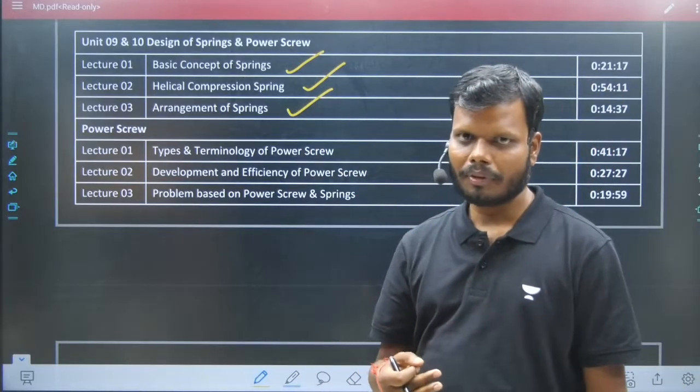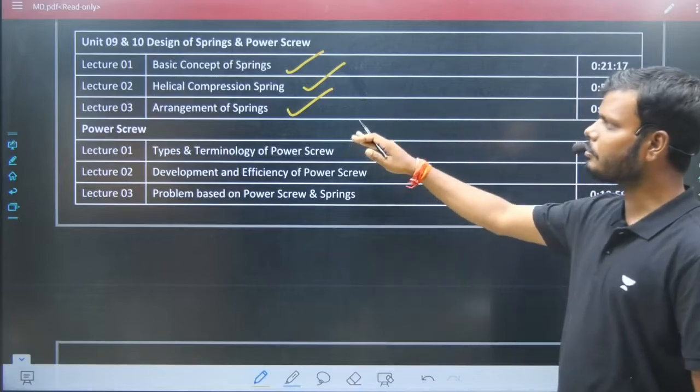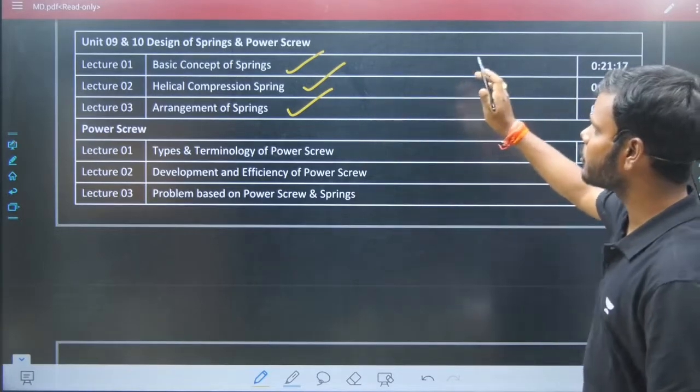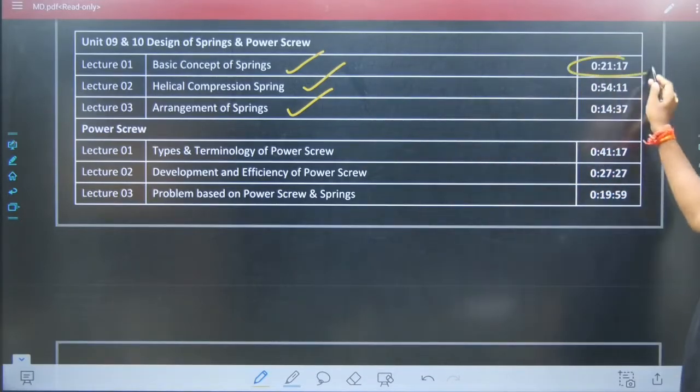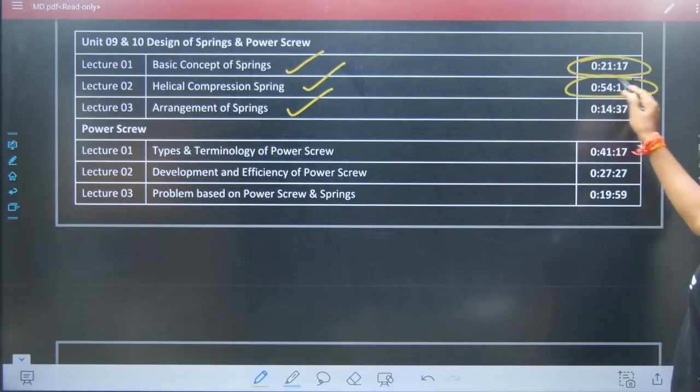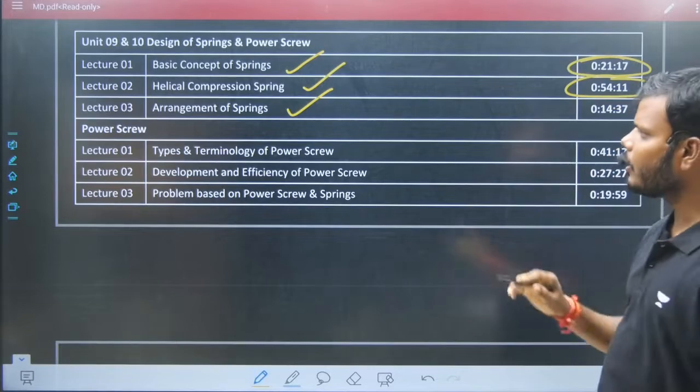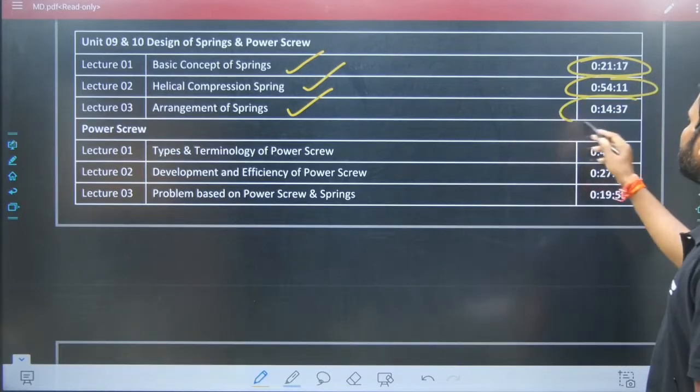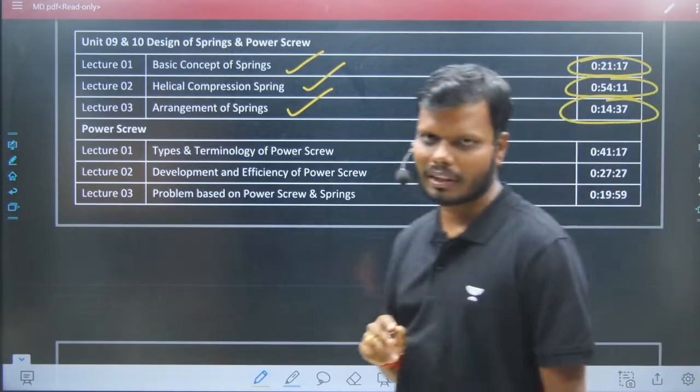All these concepts are covered in optimum time. Basic concept of spring is covered in 21 minutes 17 seconds. Helical compression spring is covered in 54 minutes 11 seconds, and arrangement of spring is 14 minutes 37 seconds.